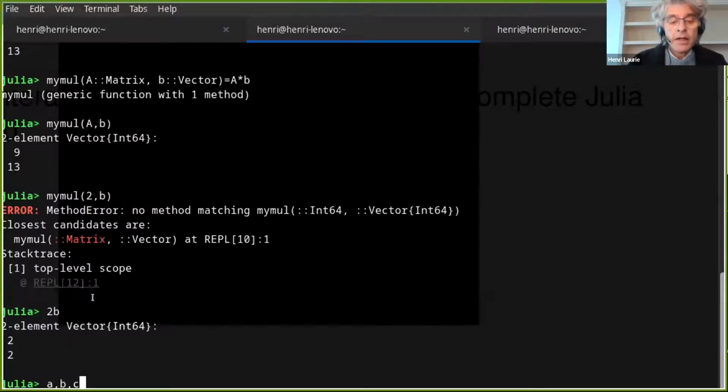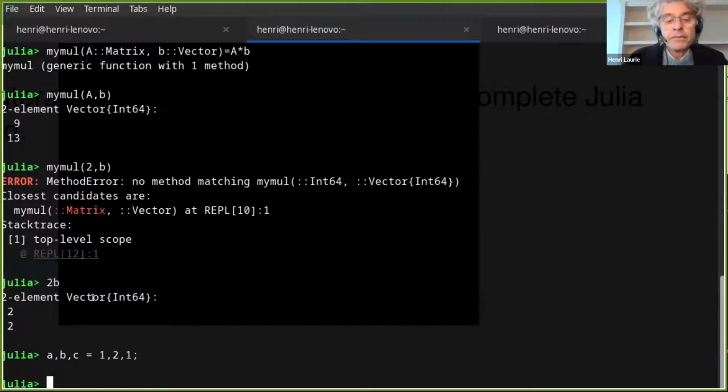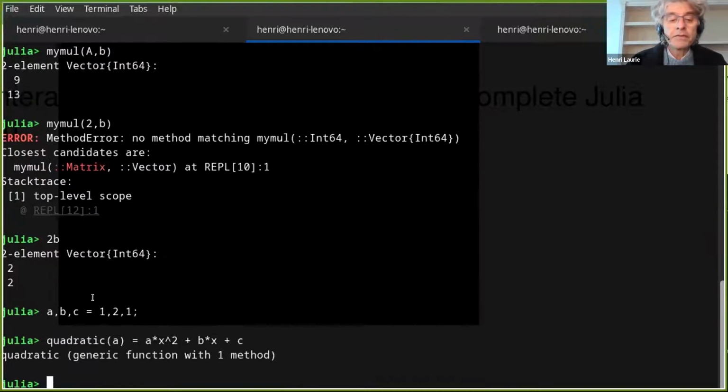I also want to show a little bit. So if I just create those 3 parameters, A, B, C, I can now define quadratic of x as equal to A times x squared plus b times x plus c, and I've defined a function.